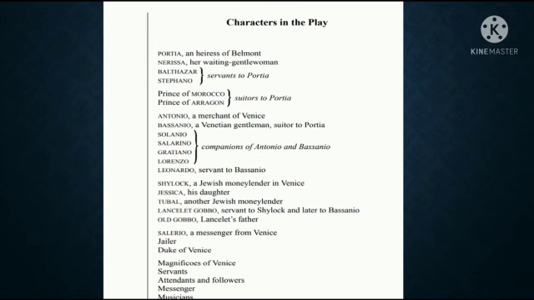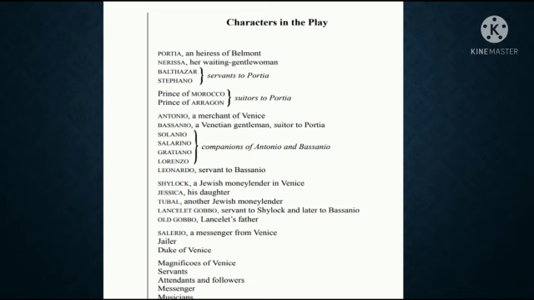Antonio is a merchant of Venice. Bassanio is a Venetian gentleman and he is also a suitor to Portia. Solanio, Salarino, Gratiano, Lorenzo, and Leonardo are companions of Antonio and Bassanio. Leonardo is a servant to Bassanio. He is not a friend, he is a servant.